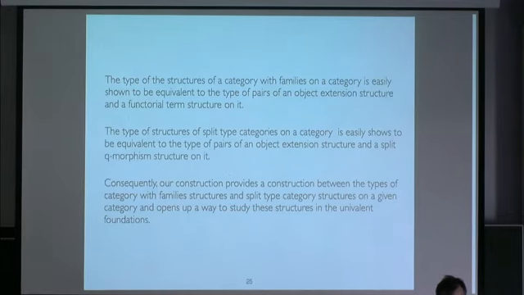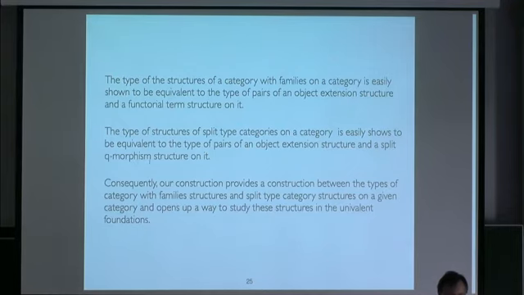And then the reason for our interest in this is that the type of structures of a category with families is easily shown to be equivalent to the type of pairs of an object extension structure and a functorial term structure on it. And the type of structures of split type categories is easily shown to be equivalent to a pair of an object extension structure and a split Q morphism structure on it.